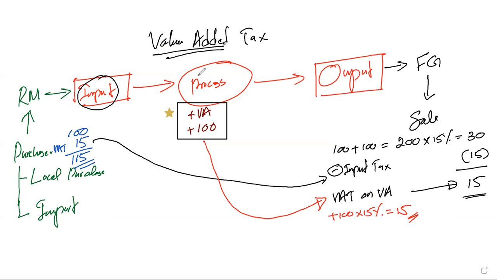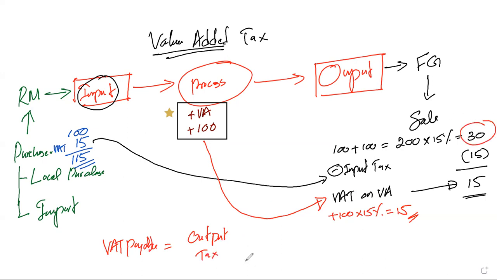The process is this. How to calculate VAT payable? The formula is: VAT payable equals output tax minus input tax.